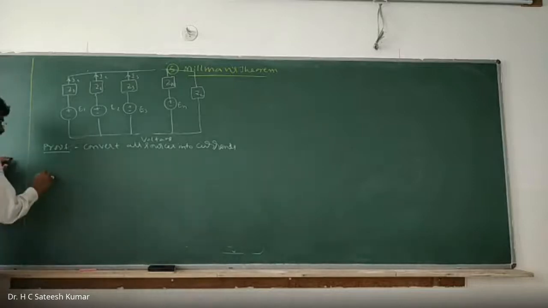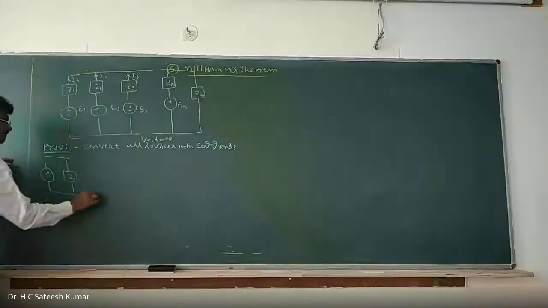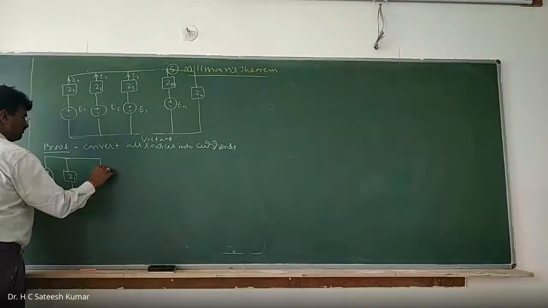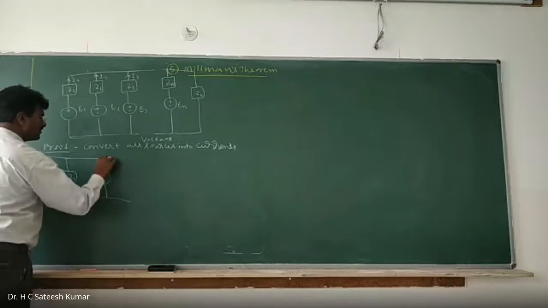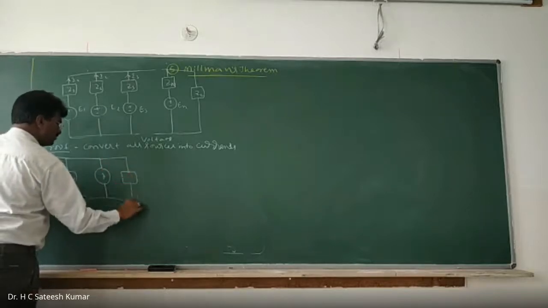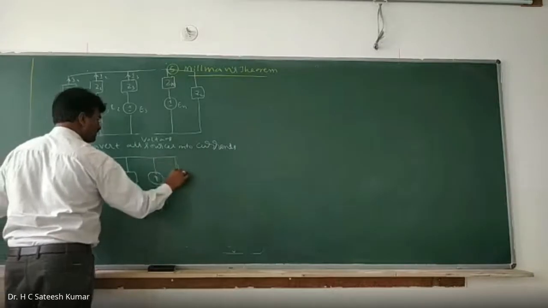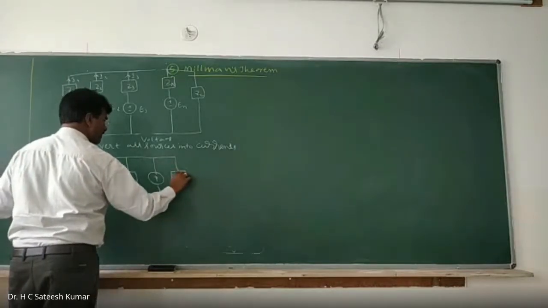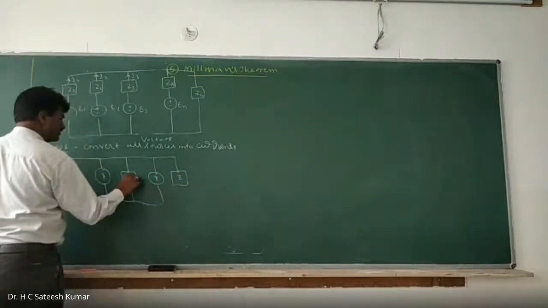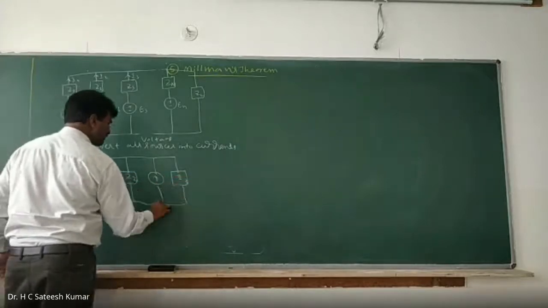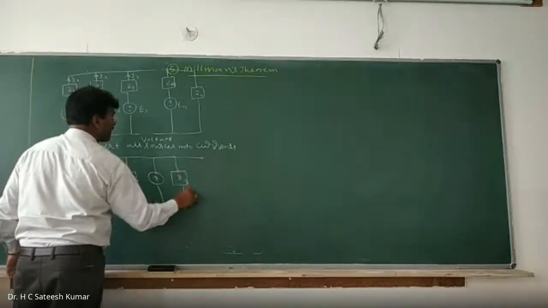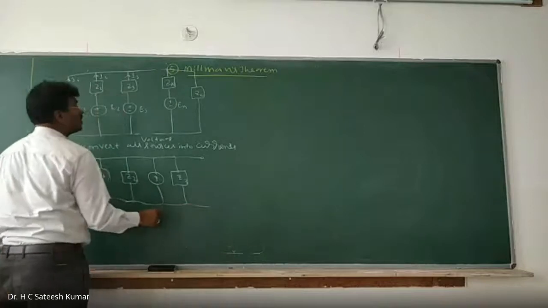So therefore, what I do is a current source in parallel with an impedance Z1, and one more current source in parallel with an impedance Z2, one more current source in parallel with the impedance Z3, and so on.